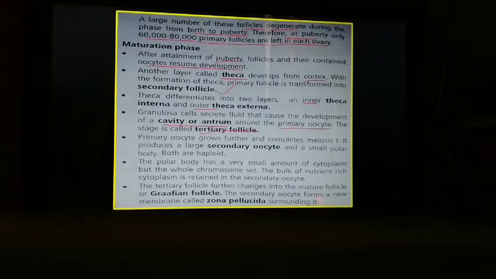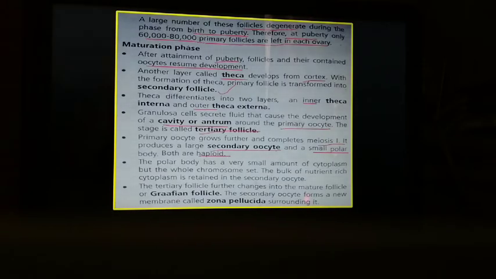In tertiary follicles, the primary oocyte grows further and completes meiosis 1, and it produces a large secondary oocyte and a small polar body, both of which are haploid. We have seen this in the previous slide.